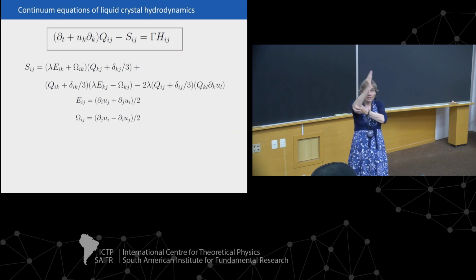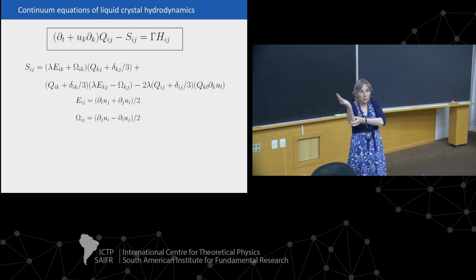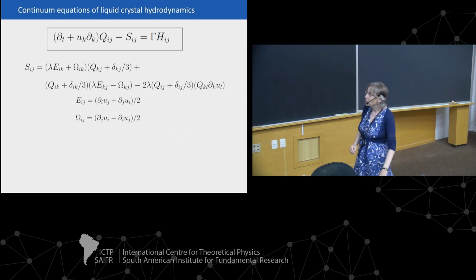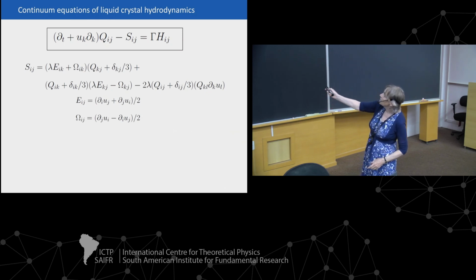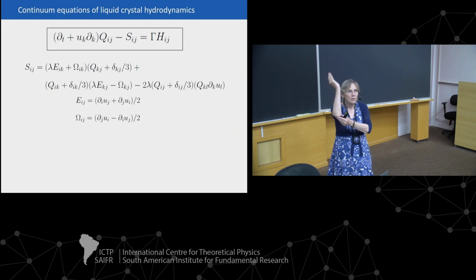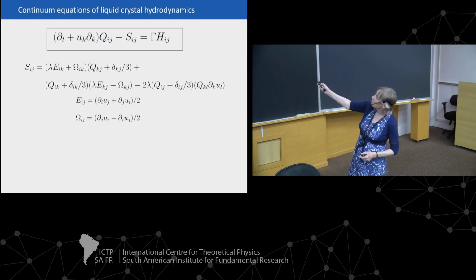So because this is a molecule with this shape, if you have a shear flow, it will turn. And you have to put that in the equations of motion. And you do it in a term which looks like this. You can see here that I've got derivatives in there, which would represent the shear flow. But don't worry too much. Let's just leave it like that for now.